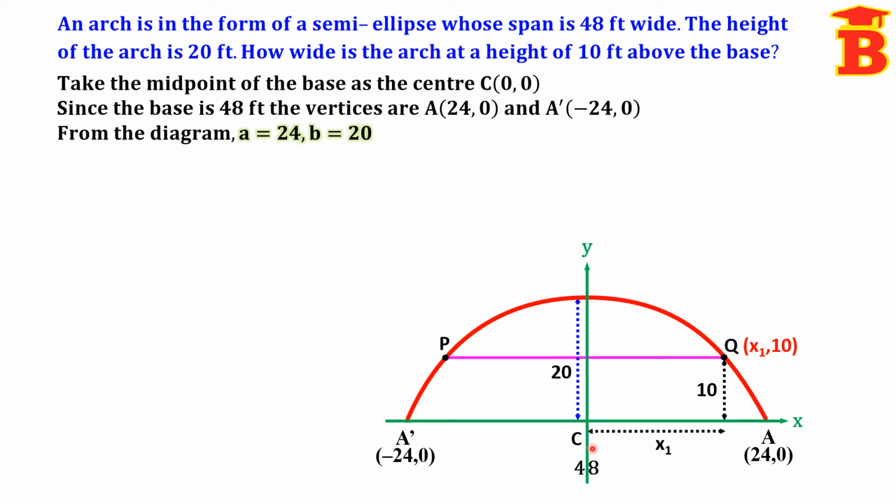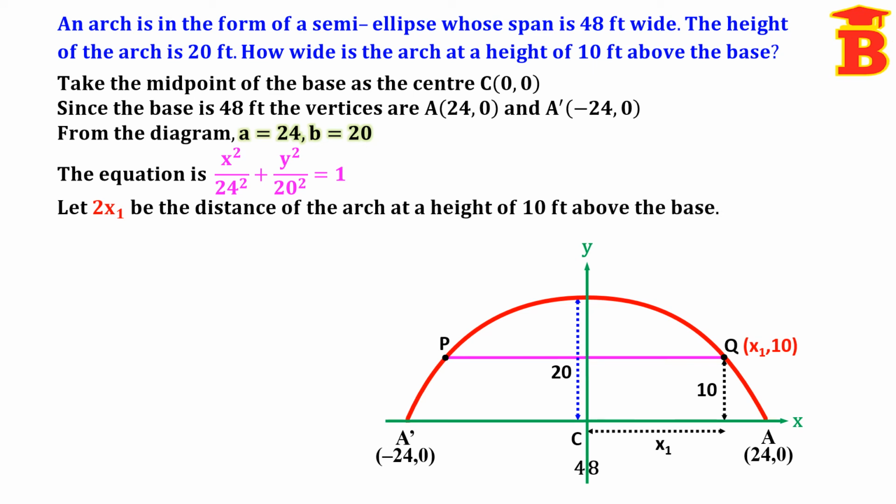So from the center, the horizontal distance of the semi-ellipse is 24, and from the center the height of the semi-ellipse is 20. So A equal to 24 and B equal to 20. And we know the equation of the ellipse: x square by A square, here A value 24, so 24 square, plus y square by B square, here B value is 20, so 20 square, equal to 1.